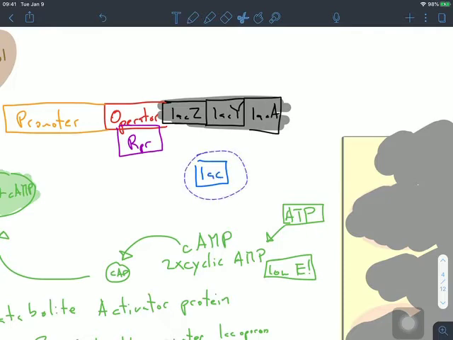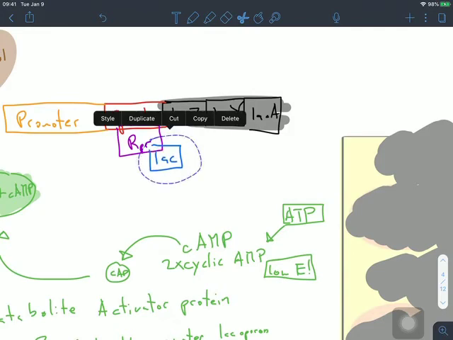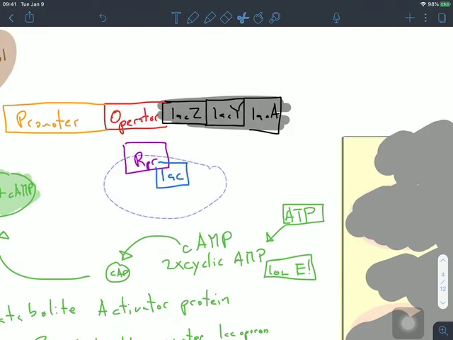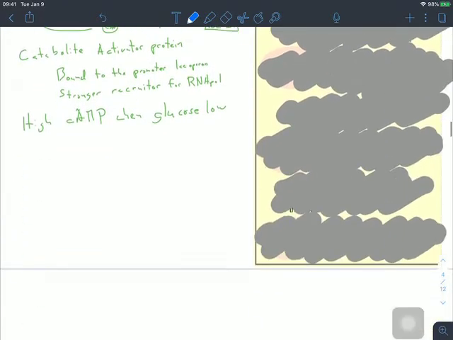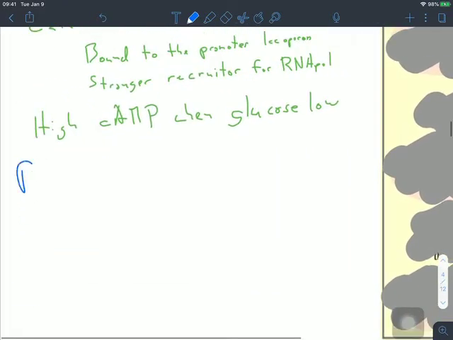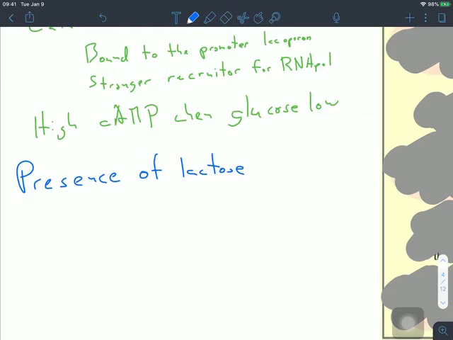When lactose is there, it'll bind to the repressor and pull it off the operator, signaling that, hey, guess what?